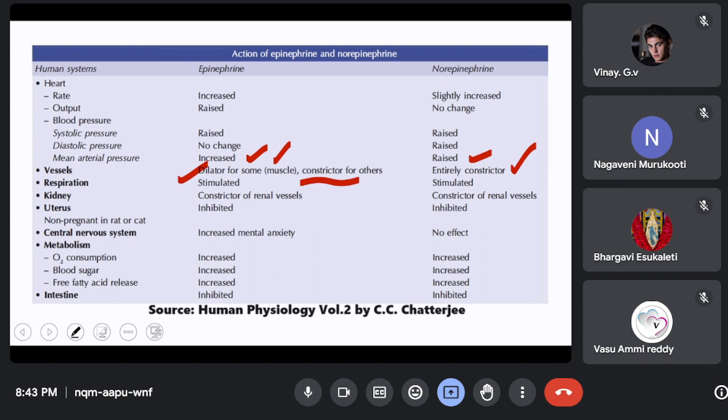And coming to respiration, both stimulate respiration so that the respiratory rate increases, and the amount of oxygen supplied to the cells also increases, so that oxidation of glucose takes place. And these are the other activities you can refer to later.